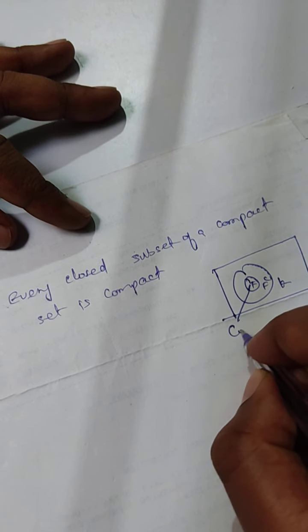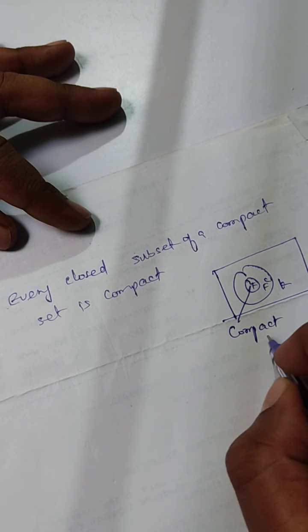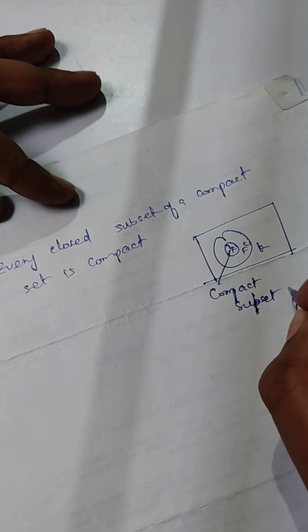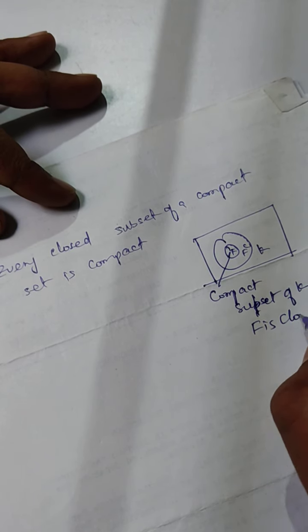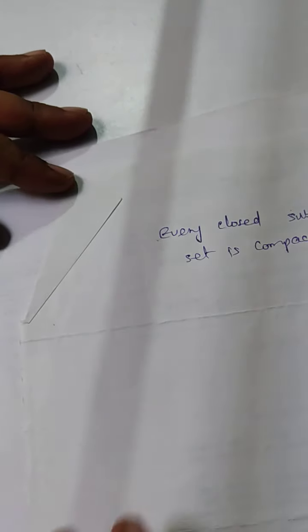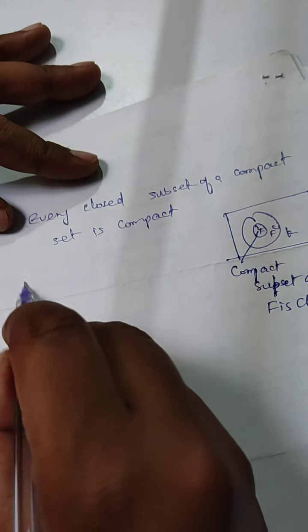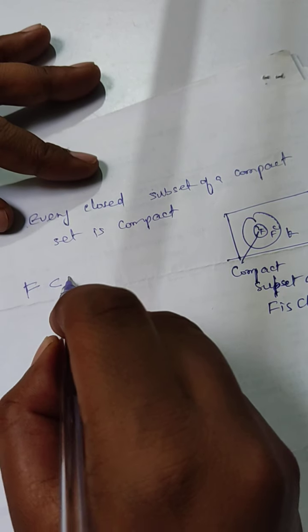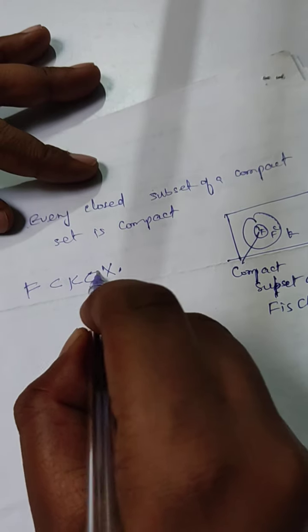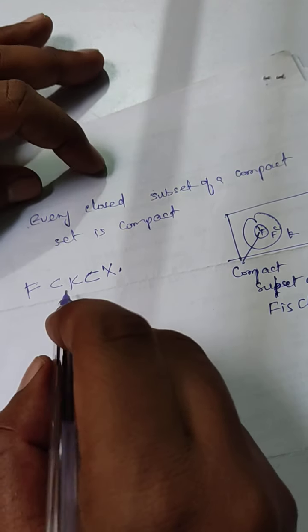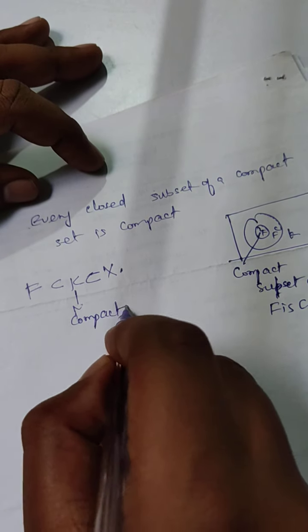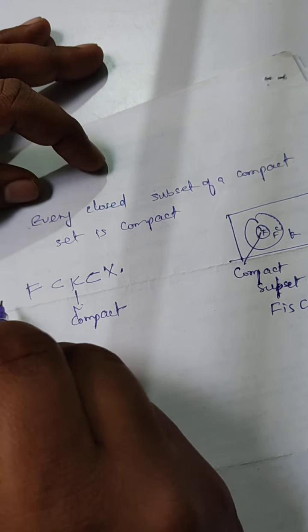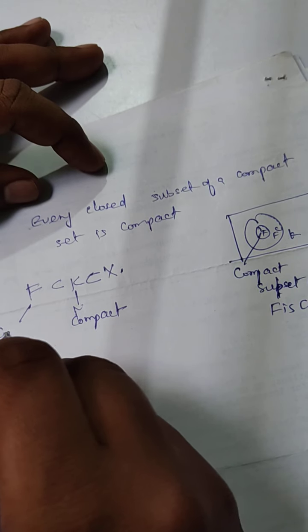This is a compact subset of K. F is closed, given. All right, basically it is given that F is a subset of K is a subset of X. Here K is compact. We have to prove that F is also compact.